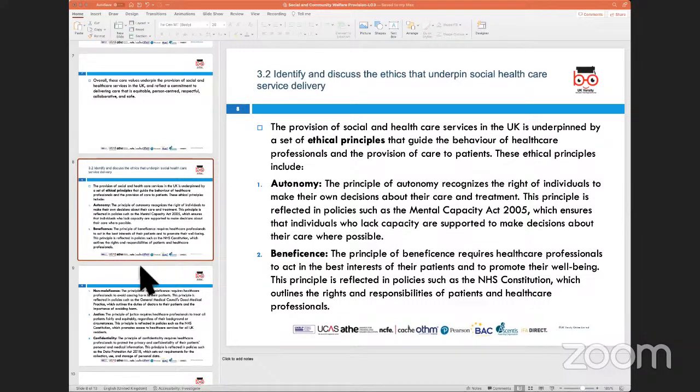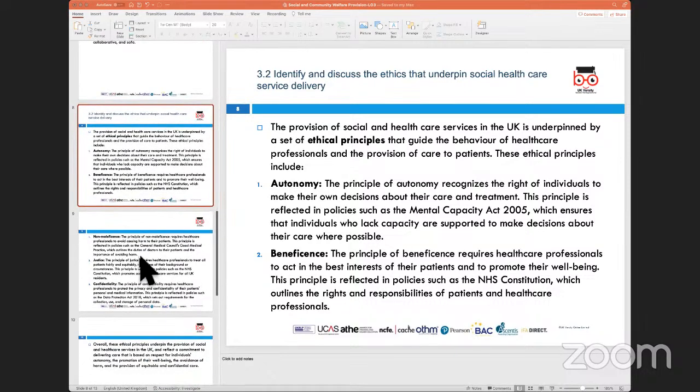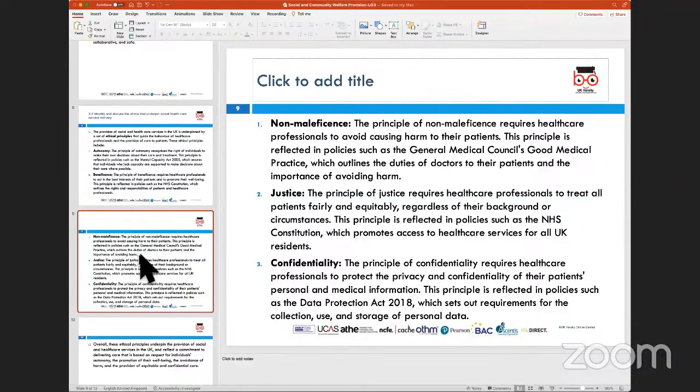So this is something we need to look at relating to ethical considerations when we look specifically at research or clinical trials which are carried out in the best interest of the patients, and obviously to promote long-term well-being within members of the public.